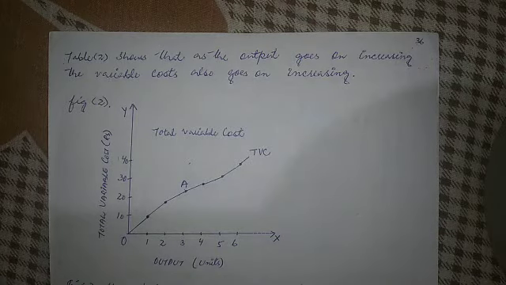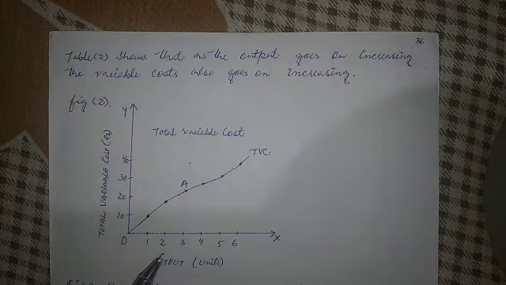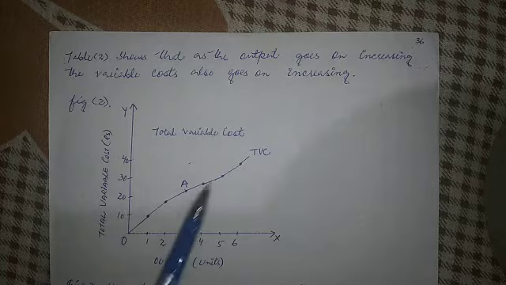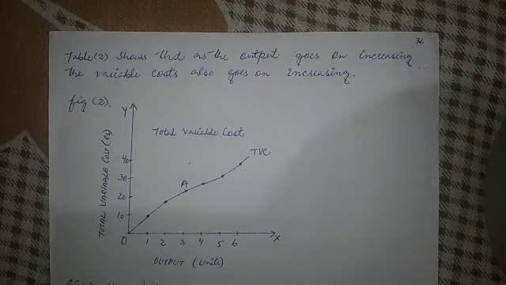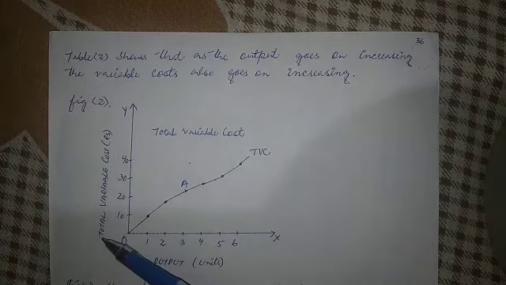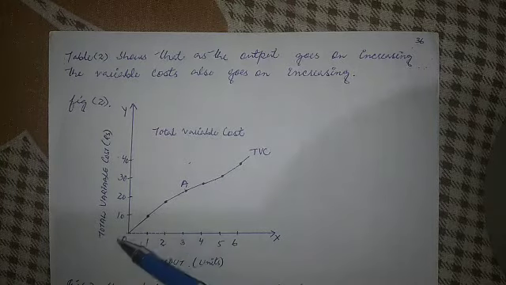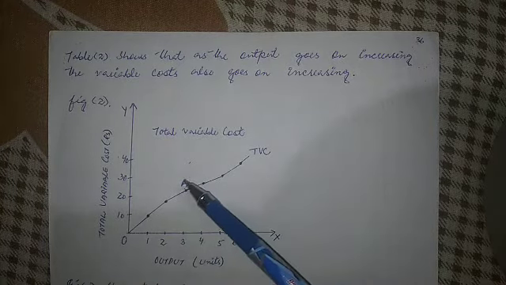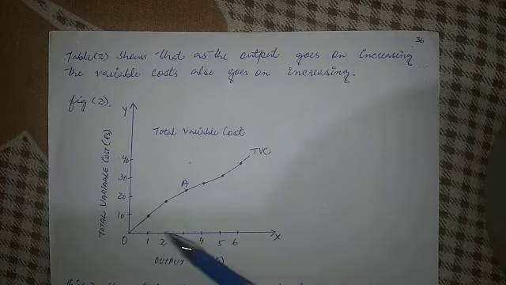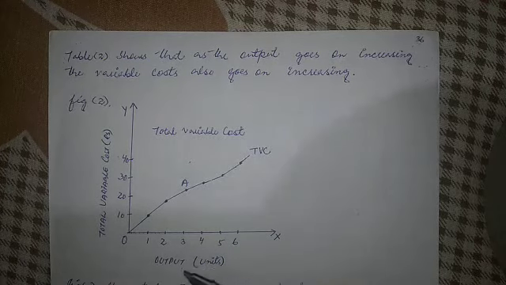Total variable cost shows how variable cost changes with output. It's an upward sloping curve, implying that total variable cost tends to increase with increase in output.